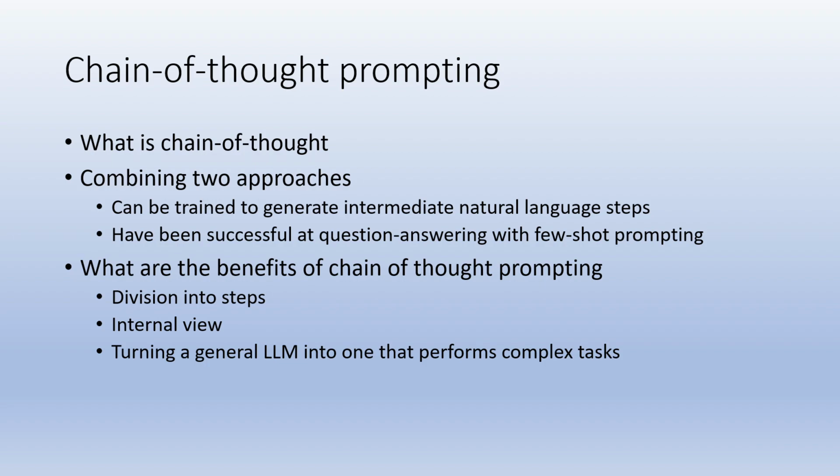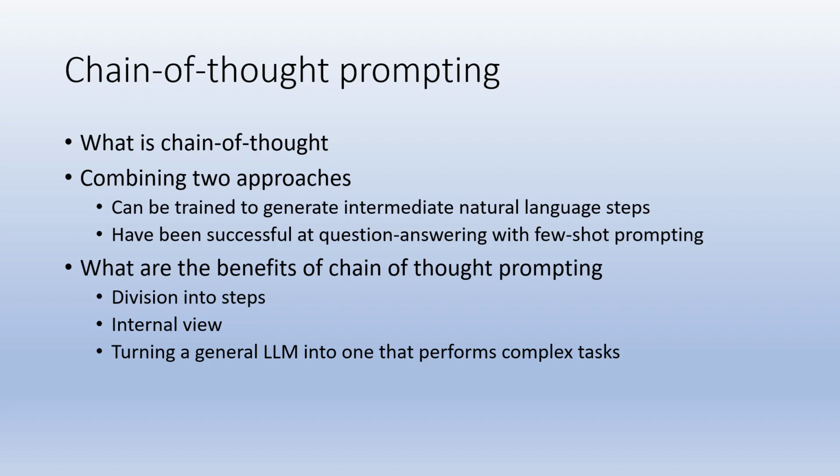So, what are the general benefits of chain of thought prompting? One is that because we divide these problems into intermediate steps, these models can provide additional computation when there are very complicated problems. Additional computation can be provided to intermediate steps as necessary.